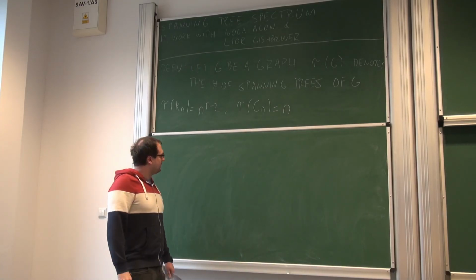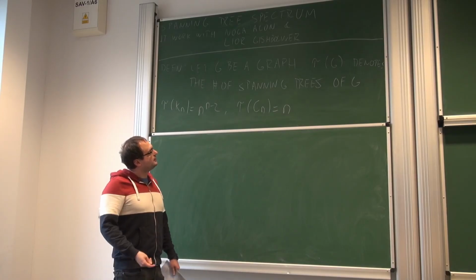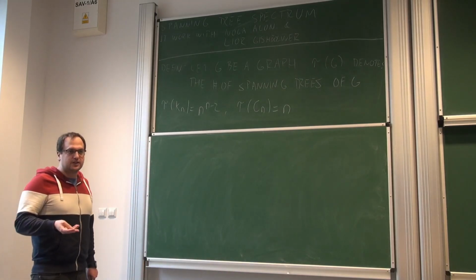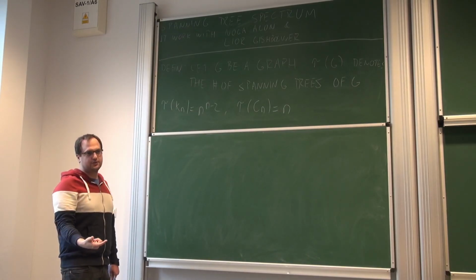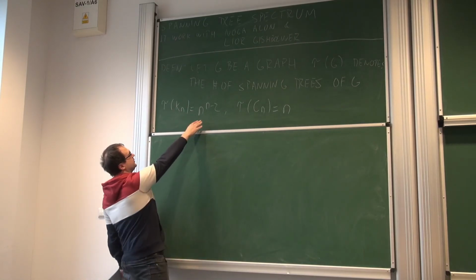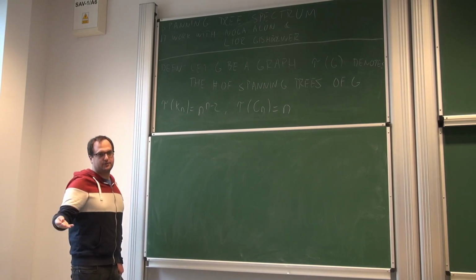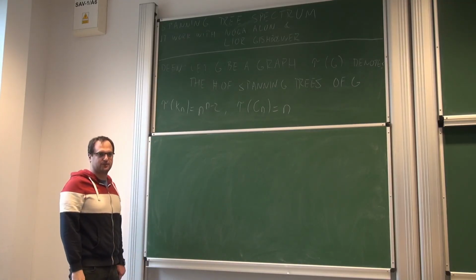I want to talk about one specific one, and this is how large can the range of this function actually be? How many different values can you hit when you evaluate this function over, say, all n-vertex graphs? I told you that this is the maximum, so you can't hit more than that many values, and specifically this is an upper bound on the number of things you can hit.